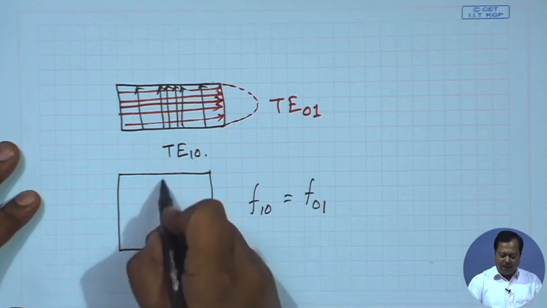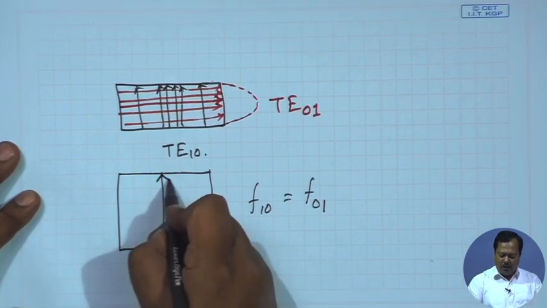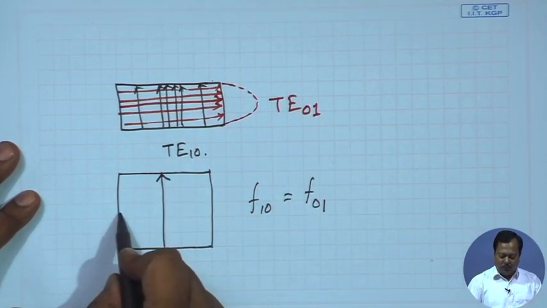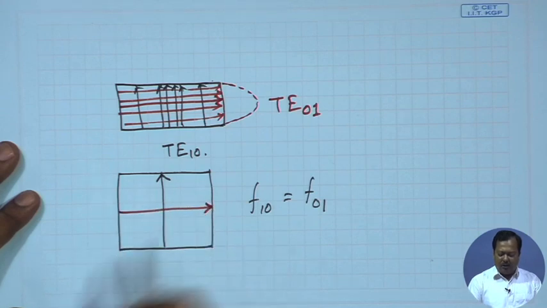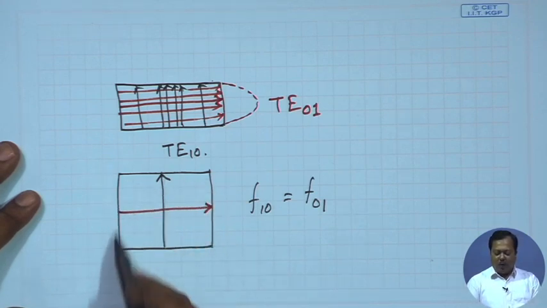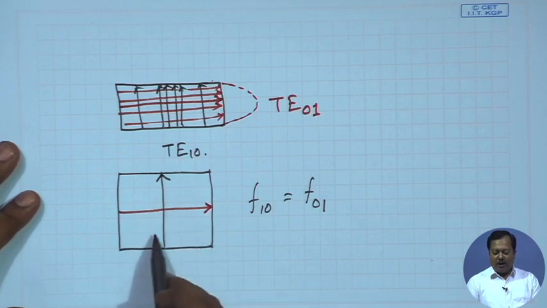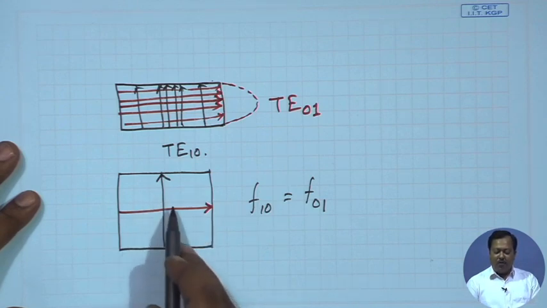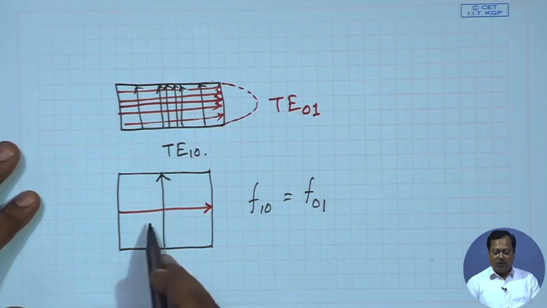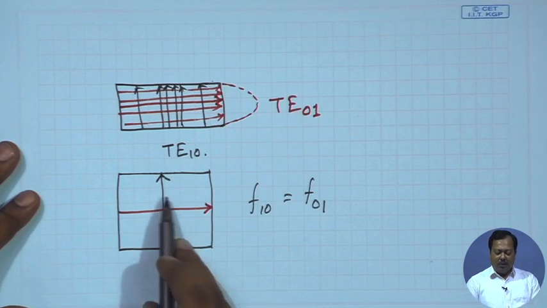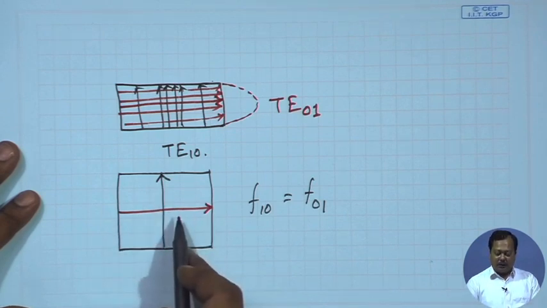Then we have TE10 in this direction and TE01 in this direction, and the square waveguide can support these two wave propagations at the same time without any interference between them. They are called orthogonal to each other. So, by using this orthogonal property, we can simply double the bandwidth.